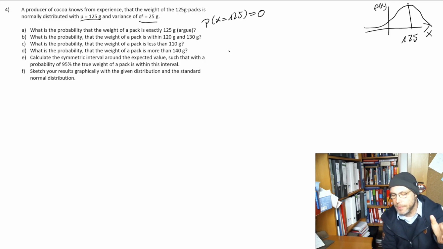But from the theory of statistics, the probability mass of this event x equals 125, if we assume a continuous distribution, is 0.